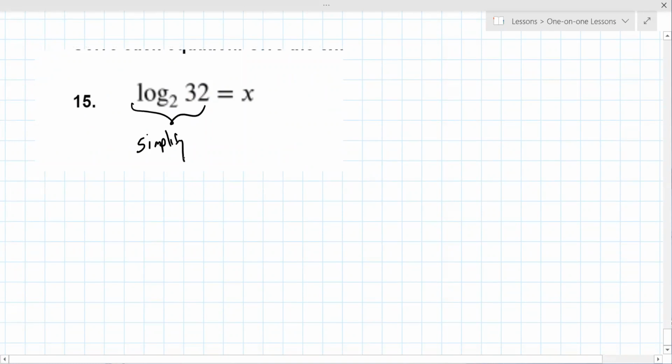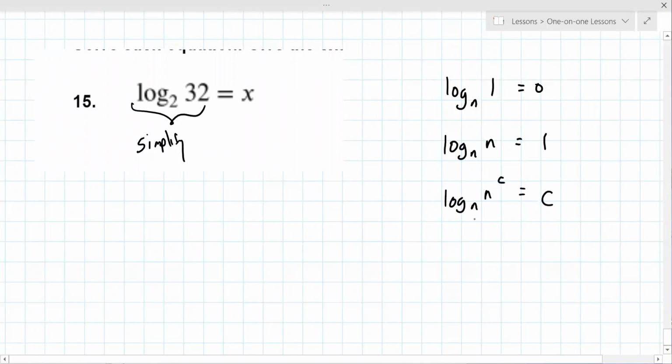To simplify, you need to know properties of logarithms: log base n of 1 is 0. Log base n of n, where the base is the same as the number, equals 1. Log base n of n to the c becomes c.